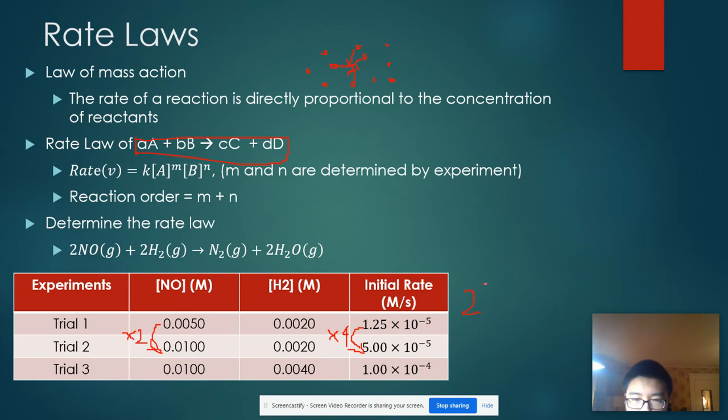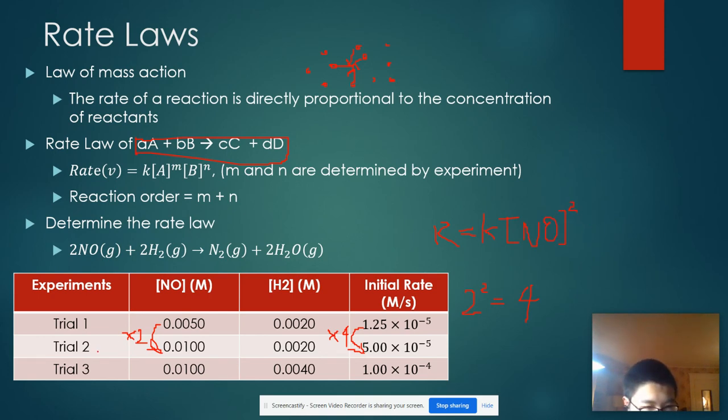We know 2 to the second power, 2 squared, is equal to 4. That means the exponent for NO is 2.